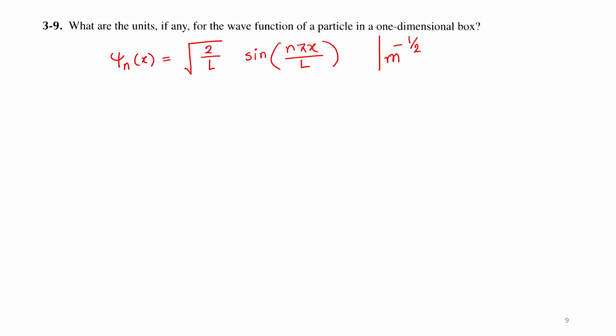But as the root is there, the unit will be meter to the power minus half. The unit does not make much sense, to be honest, but just to give you an idea.